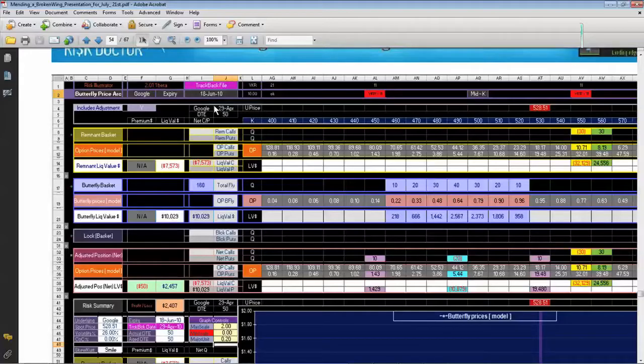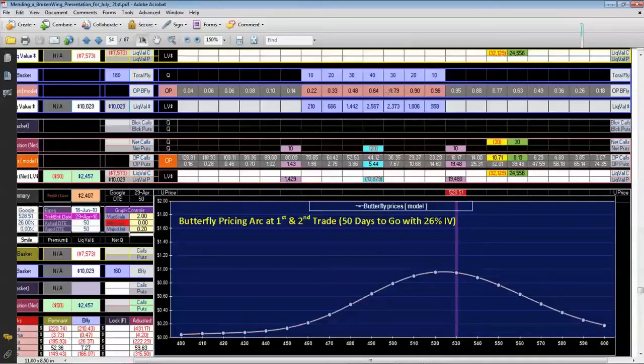All right. So when we started the saga, this is the trade pricing arc after or during trades 1 and 2 with 50 days to go at a 26% volatility. The at-the-money butterfly, in this case, is the 530, straight up. And the 520 is, those two are the most expensive butterflies, at the top of the arc, 96 and 95 cents respectively.